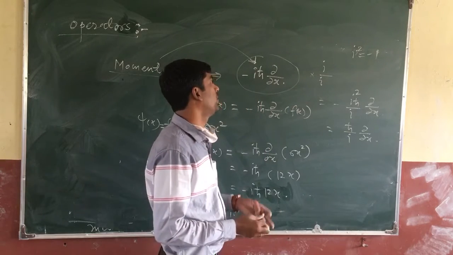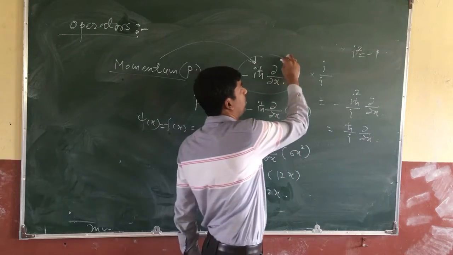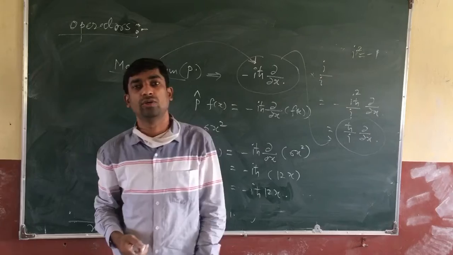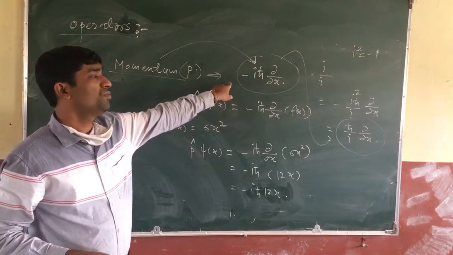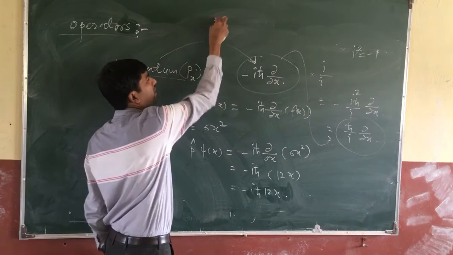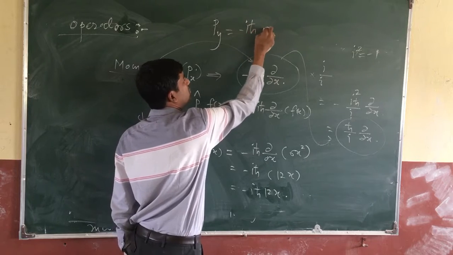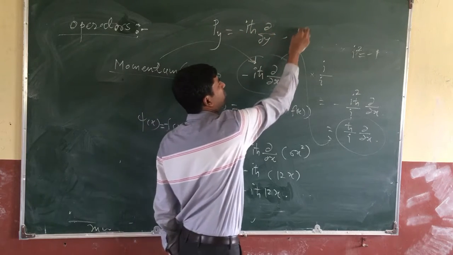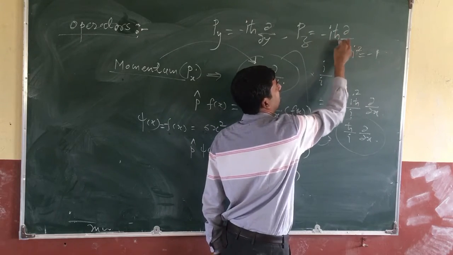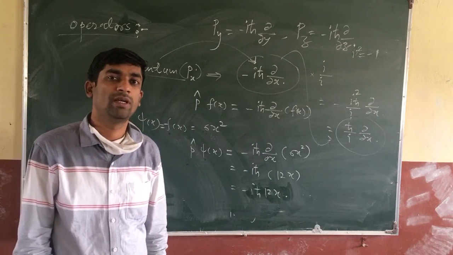That means the momentum operator, minus i h cross dou by dou x, can also be written as h cross divided by i dou by dou x. This is the momentum operator corresponding to the x axis. If it is corresponding to the y axis, you can write minus i h cross dou by dou y. If it is corresponding to the z axis, you can write minus i h cross dou by dou z also. So this is about the momentum operator.